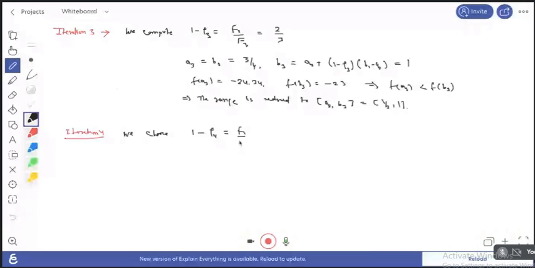So half here, this means row 4 is equal to half. Here your point is A2 and this point is B3.